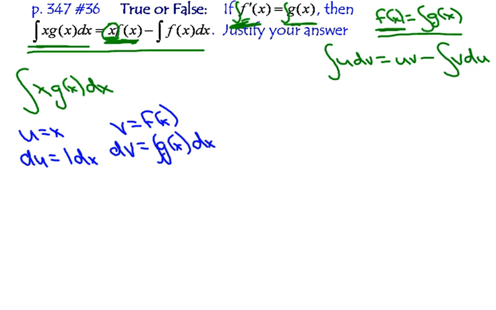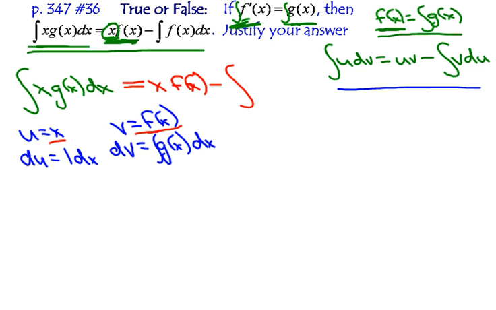And now I plug this into my integration by parts formula. So the integral of u dv equals, here we go, uv, which is x f of x. Oh, I like this so far. Minus the integral of v du.